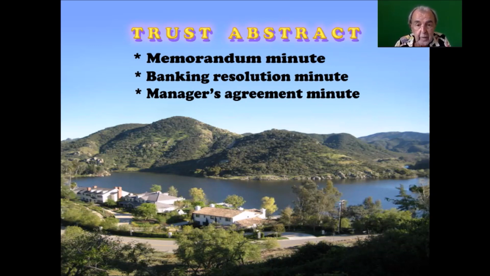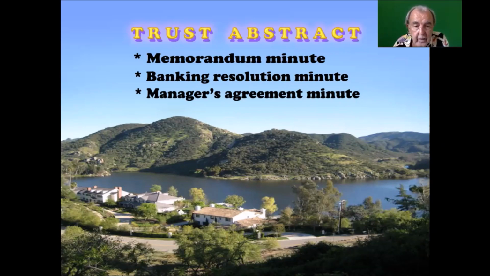So you've made a copy of this abstract, and if you have the document, you should see what I'm talking about. In it is a memorandum, and then the executive manager's agreement.